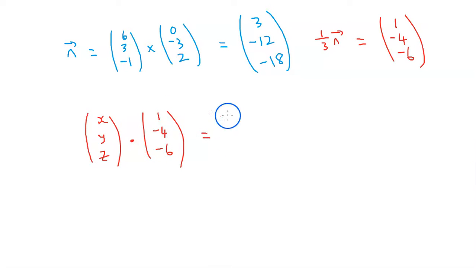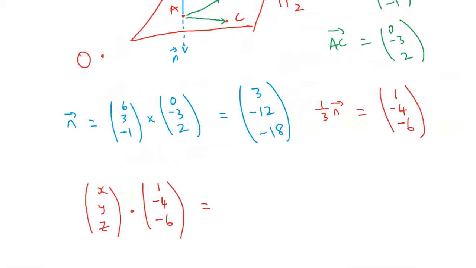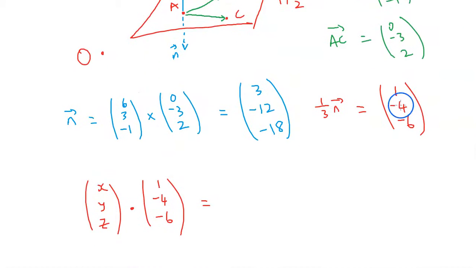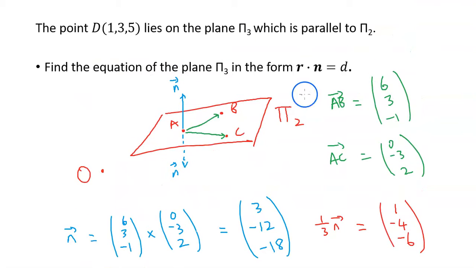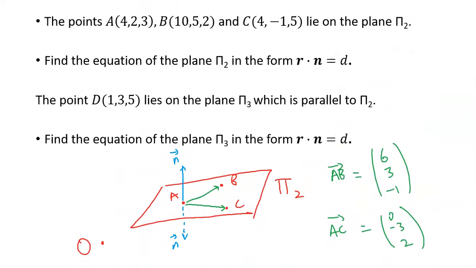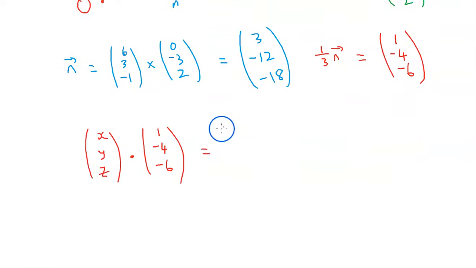We know that's equal to any random point in the plane dotted with 1, negative 4, negative 6. So let's just take A. That'll do. So 4, 2, 3 dotted with 1, negative 4, negative 6.